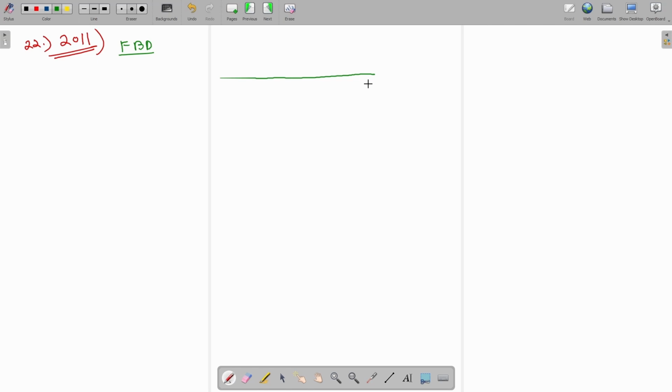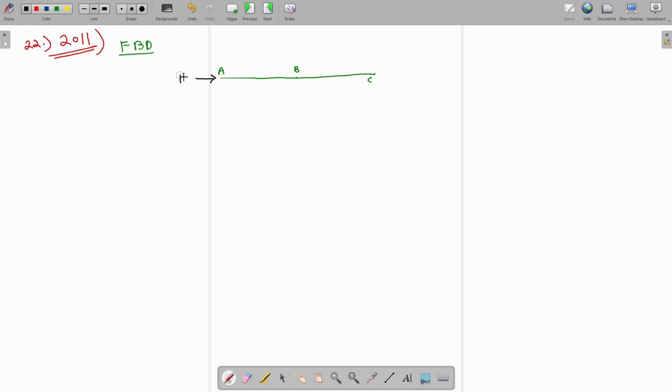So this is the beam. This is point 1. We are going to write it as point B, and this as point C. And this point as point A. At this point, since it is hinged, only two reactions will be acting on it.